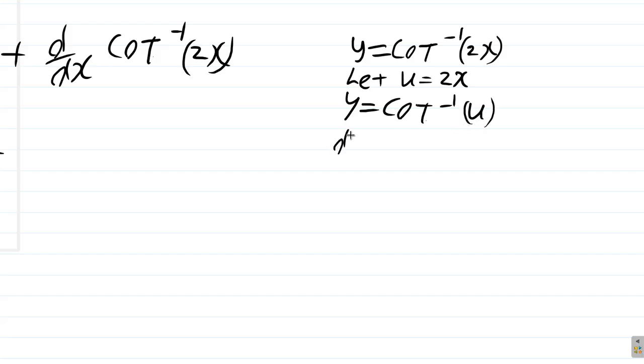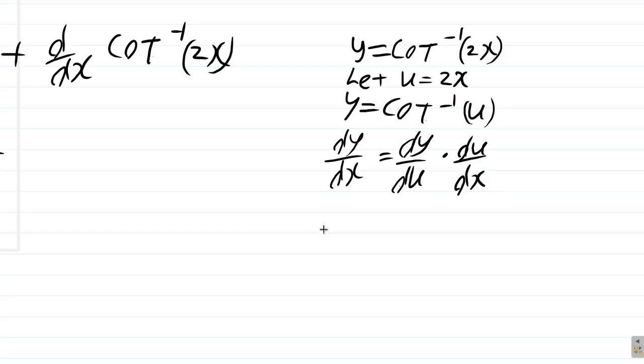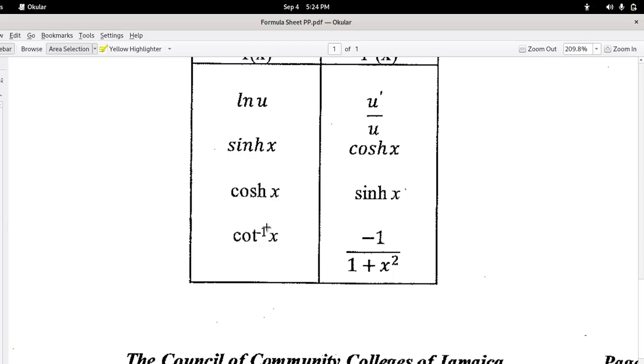Now dy by dx is dy by du times du by dx. But what is dy by du? Well, y is equal to cot inverse of u. So if we had cot inverse of x, we would have negative 1 over 1 plus x squared.